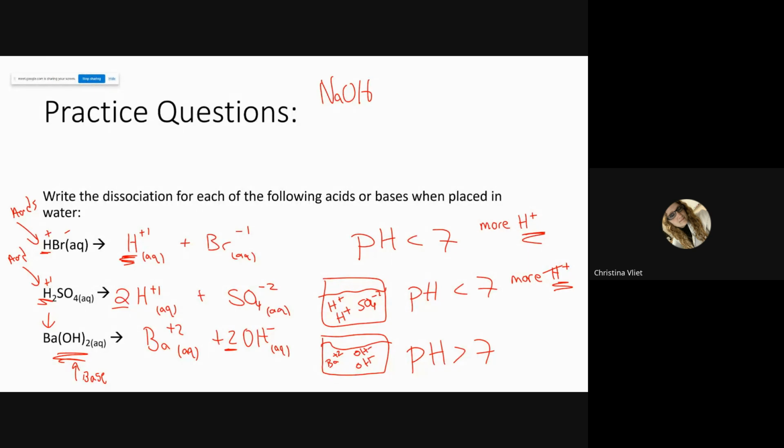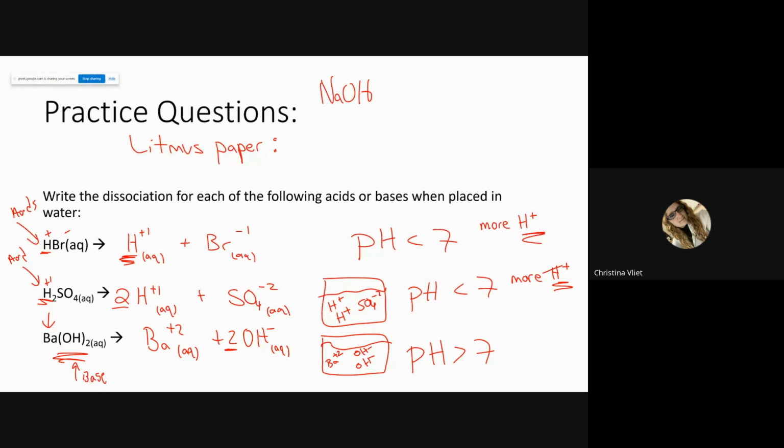The first one's called litmus paper. Have you ever heard of litmus paper? Some people call it pH paper. So we're going to write this down. If I have a base, one of the ways I can prove I have a base is I get a piece of red litmus paper. Litmus is an example of an indicator.